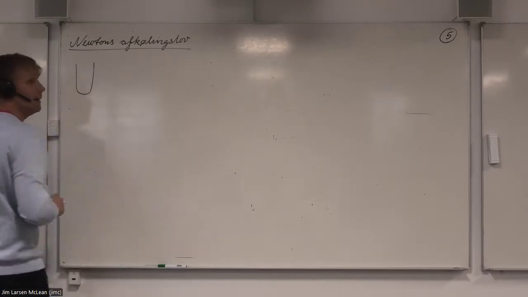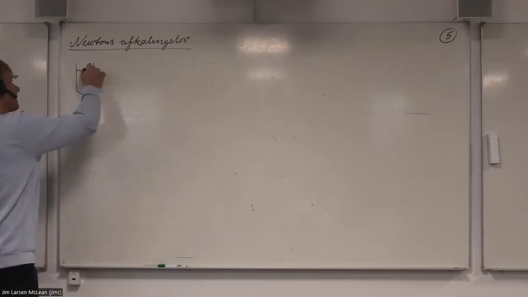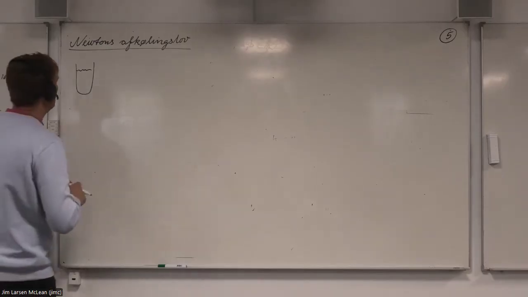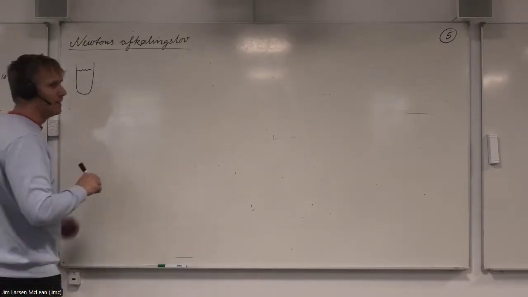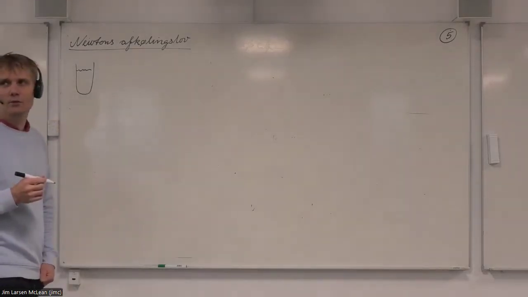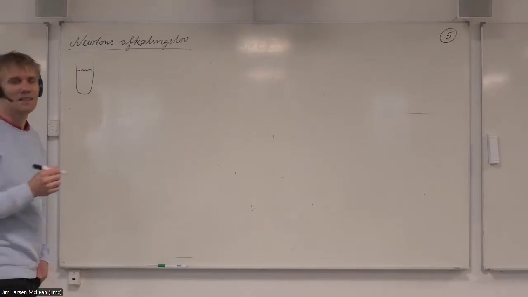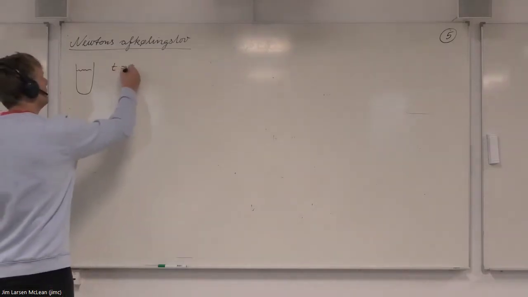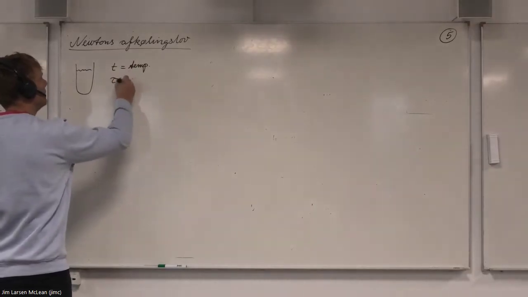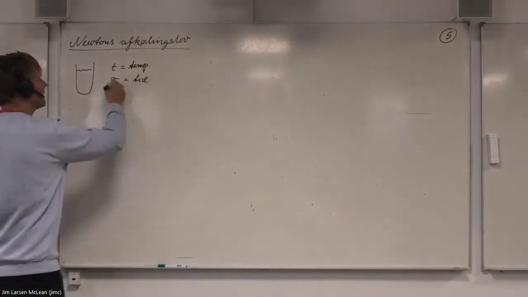It might be a thermos with coffee in it. And it has been refueled at some point, and you need to keep track of its temperature. And since there are both temperature and time in this story, I run out of the symbol T. So that's why I use capital T for temperature. And I use lowercase t for time.